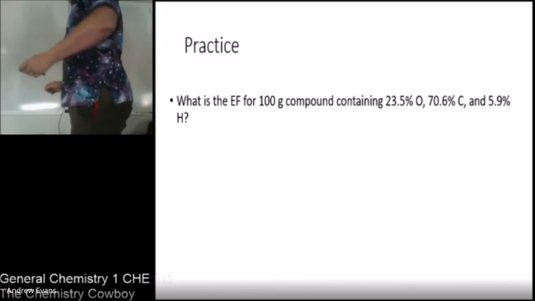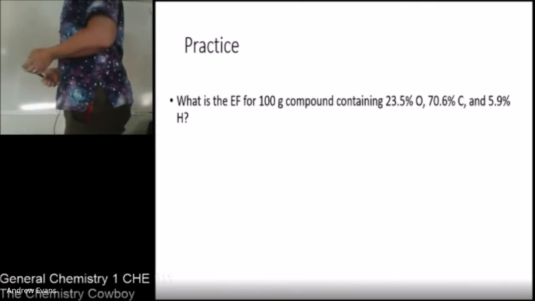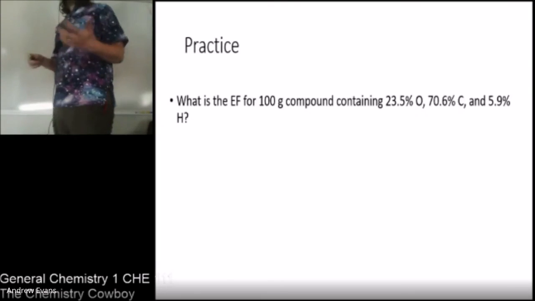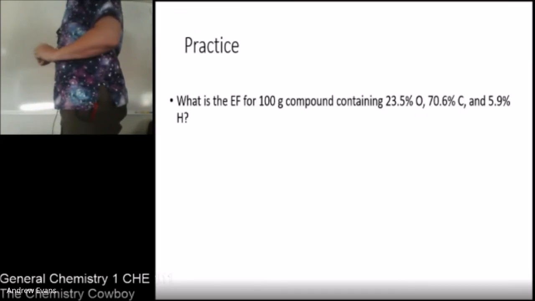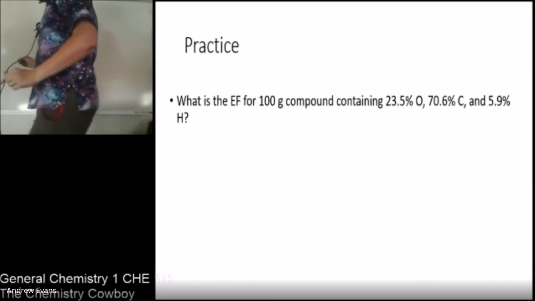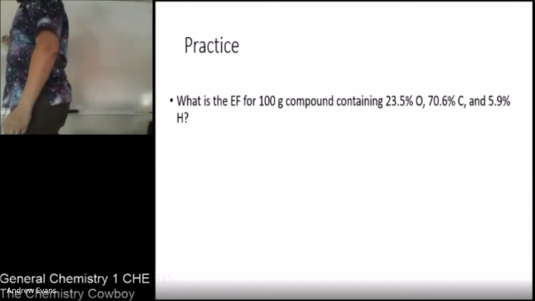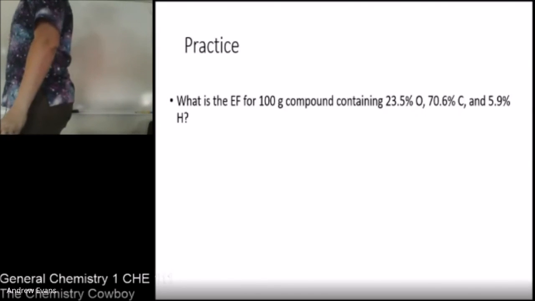But if you had 200 grams, what would change? Well, every mass would be doubled. If I had 300 grams, every mass would be tripled. But the easiest way to do this is: 23.5% oxygen, 70.6% carbon, 5.9% hydrogen.